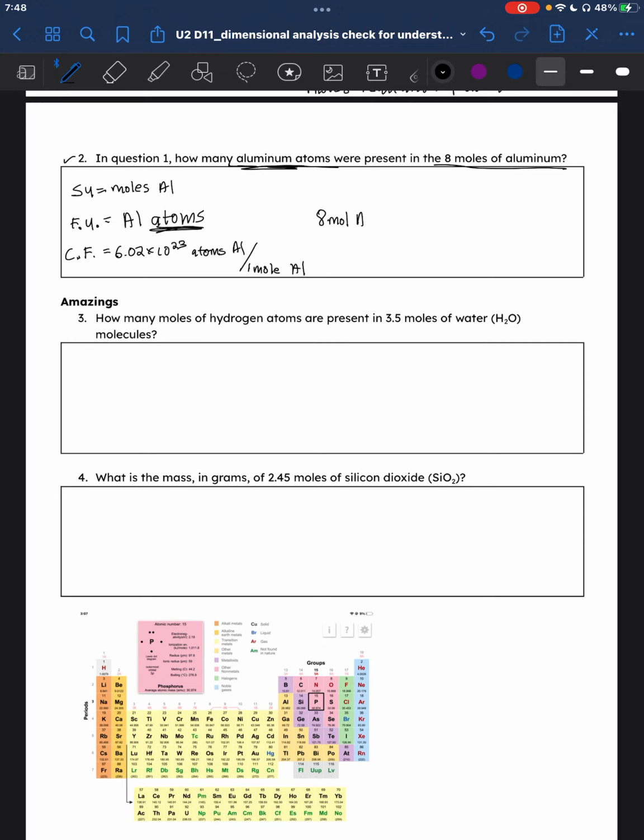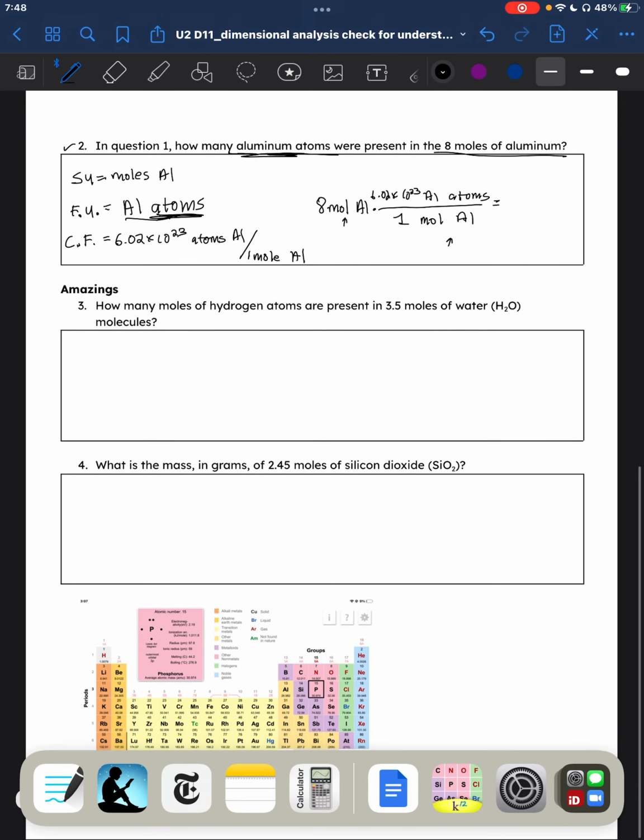So 8 moles of aluminum times, if moles of aluminum are here, then in the bottom of my next conversion factor, I need moles of aluminum. I'm trying to get into aluminum atoms, just single atoms. In 1 mole of aluminum, I have 6.02 times 10 to the 23rd aluminum atoms.